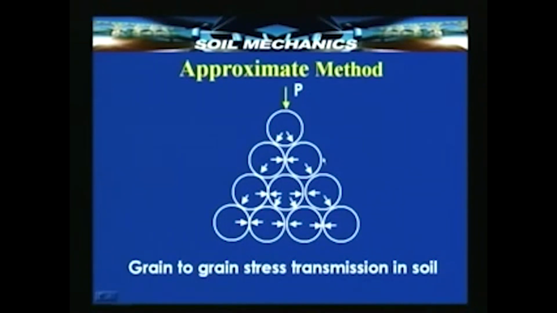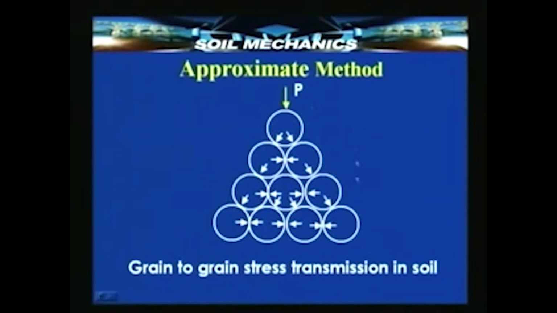That is a very important finding. This shows that this load P acts on larger and larger areas as we go deeper, which means the stresses per unit area go on decreasing with depth. This is a very useful thing, because the stresses must decay with depth, otherwise at infinite depth we will have infinite stress and the soil will not be in a stable condition.